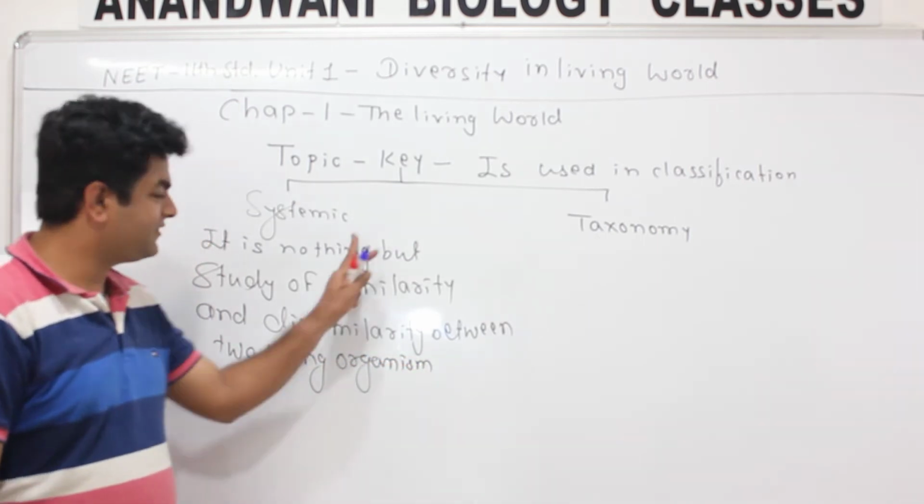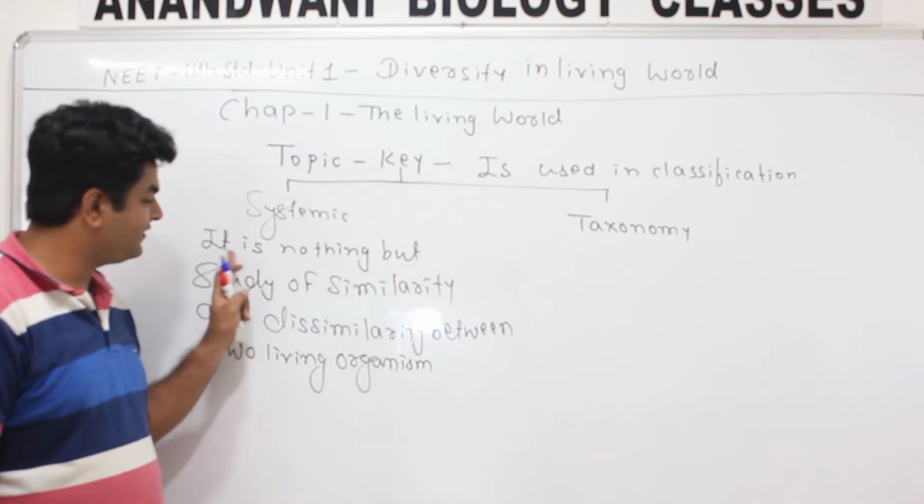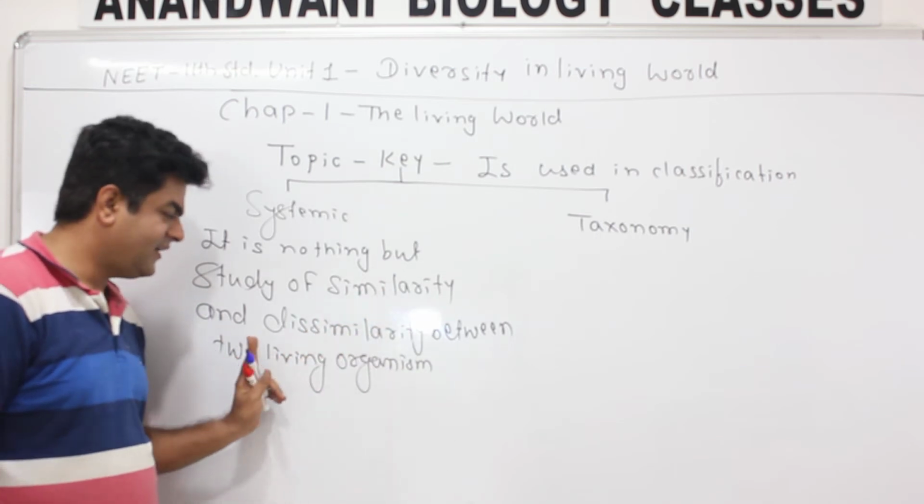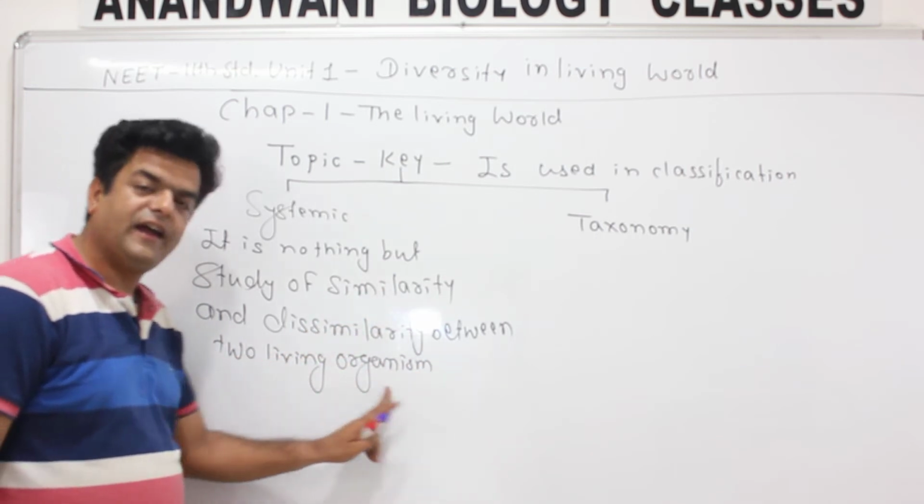So what is meant by systematics? Systematics can be defined as nothing but study of similarity and dissimilarity between two living organisms.